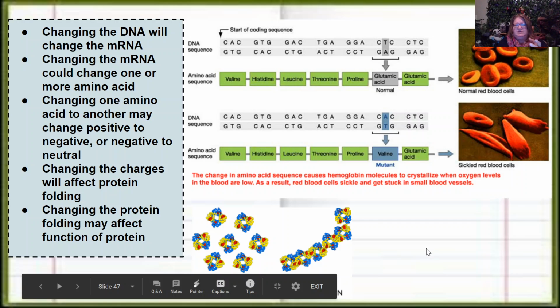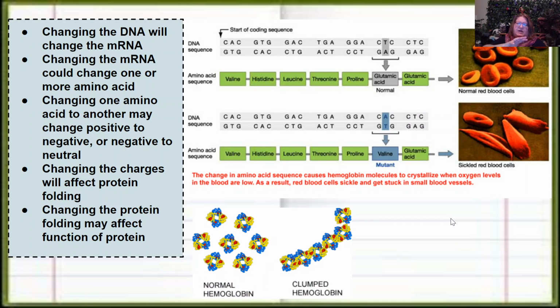If you change the amino acid, you could change the charges that cause the protein to fold in a proper way. And as we learned way back when with the enzymes and other proteins, it's the shape of that protein, that lovely globular shape of that protein. And I have it right here.